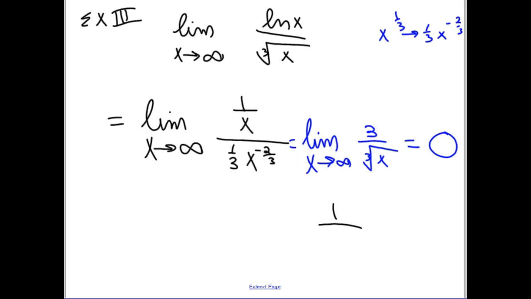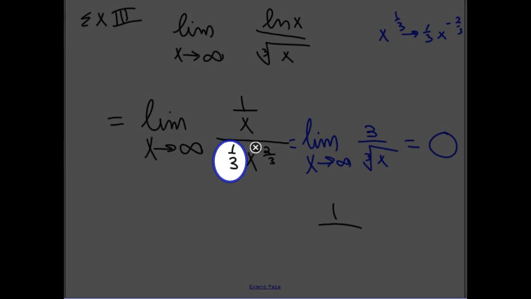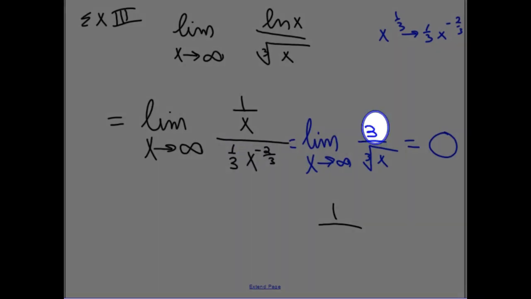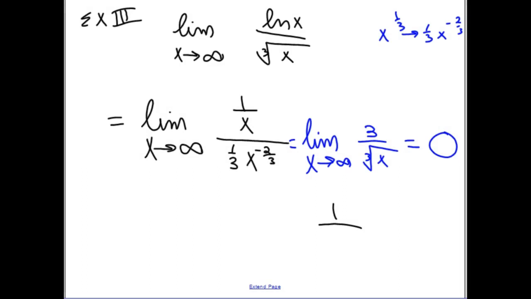Oops. That guy became that guy in the numerator. Dividing by 1/3 is the same as multiplying by 3. Where did the squared go? Right there. Sorry, thanks.